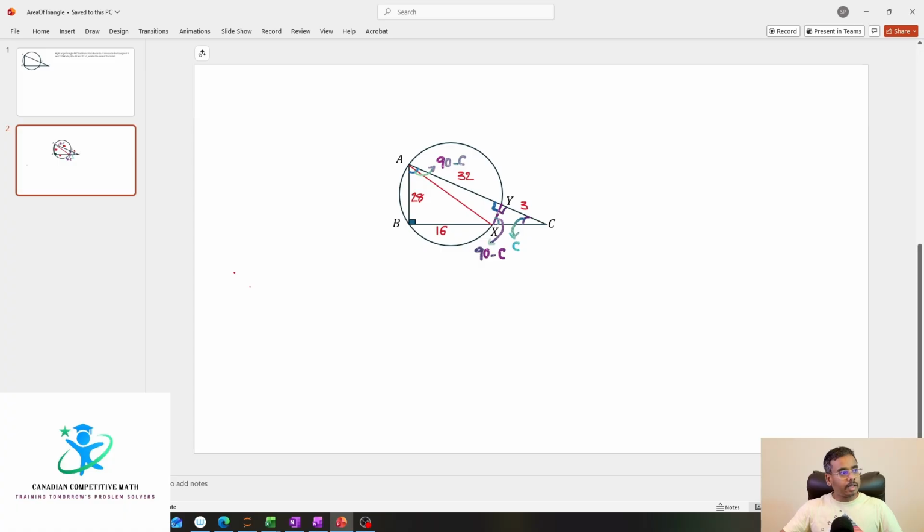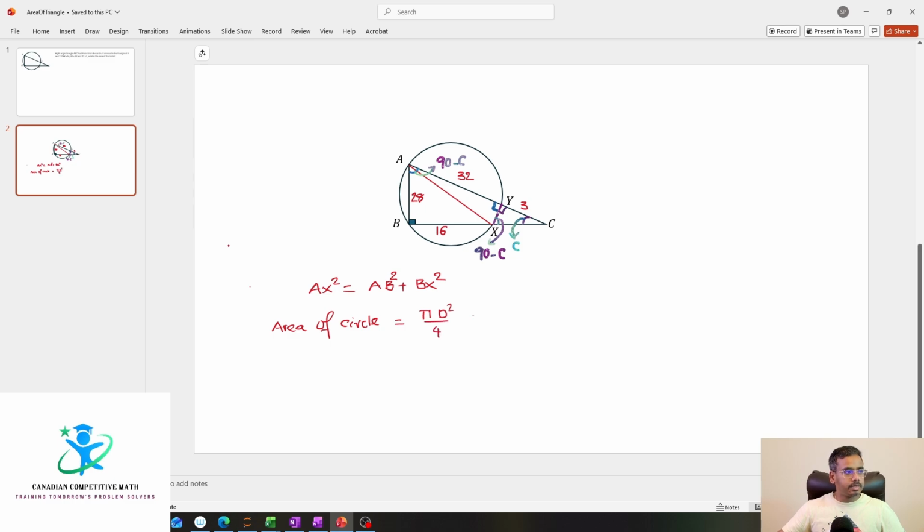But we know that A, B, and X form a right angle triangle. So AX square will be equal to AB square plus BX square. Right? Since AX is the diameter, area of circle equal to pi d square by 4.